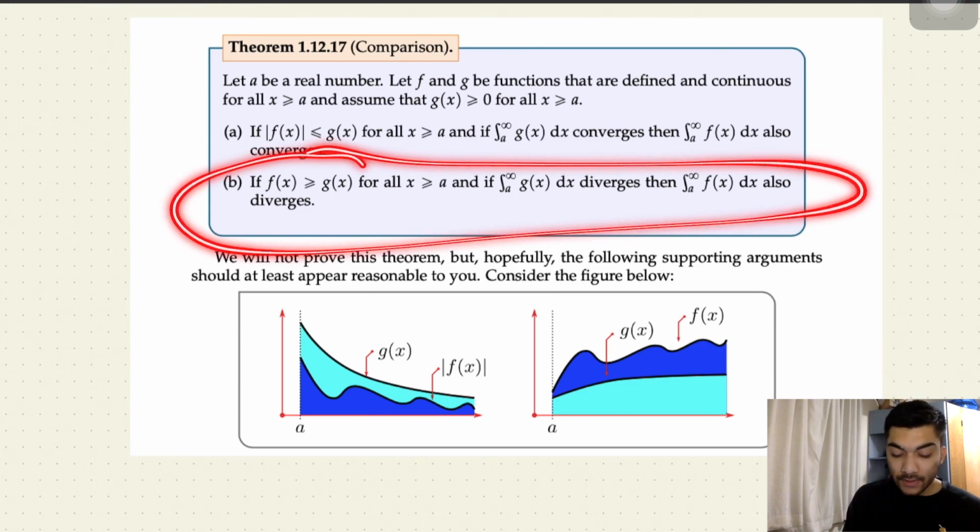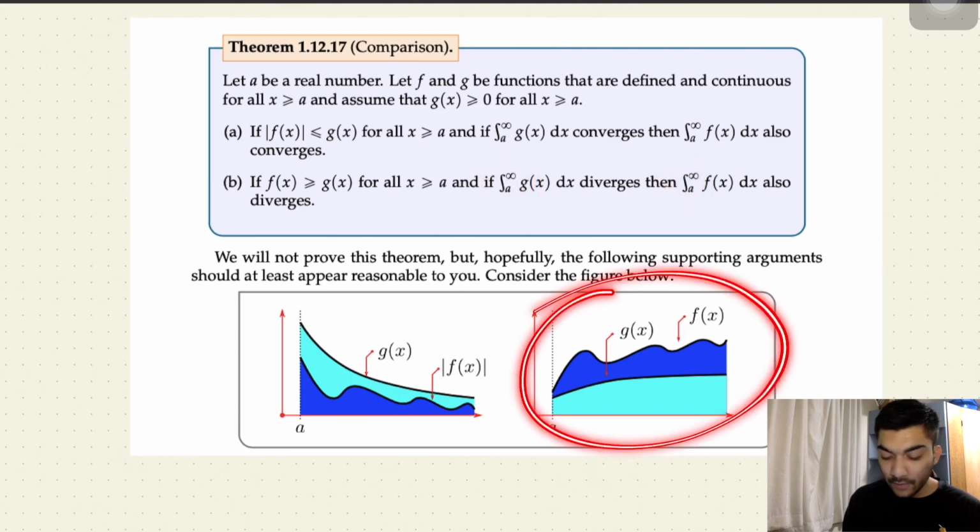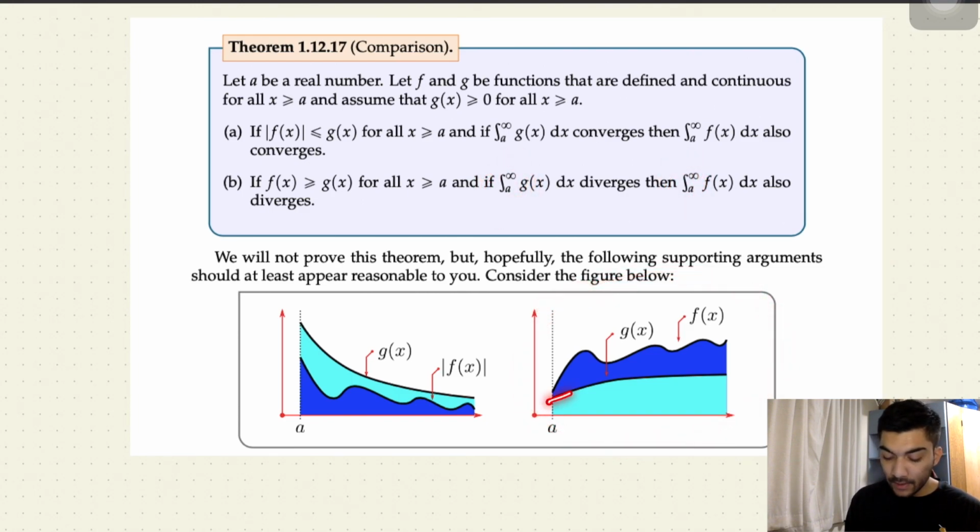Now based on the second criteria, if your function f of x is always greater than or equal to g of x for all your values of x for which you're calculating the definite integral, and you know for sure that the integral of g of x diverges, then clearly your f of x will also diverge.